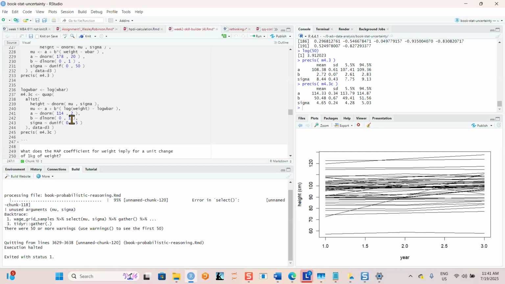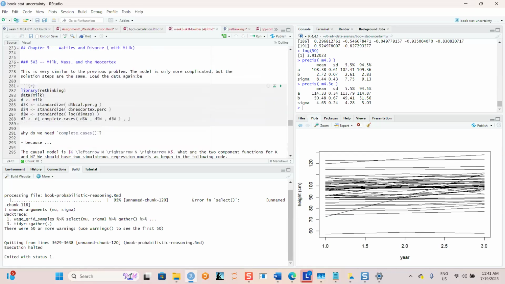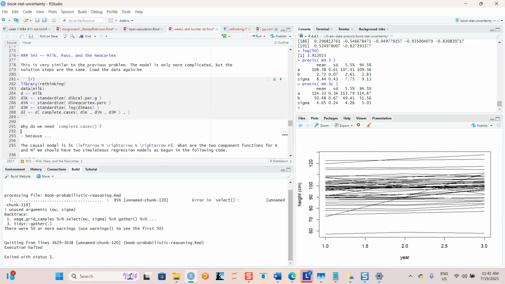But I think we've come a little ways here, shape and all of that. The next one starts to look at kilocalories, the size of the neocortex, and M, mass, how big you are. And these are cases. And this is milk mass and the neocortex.